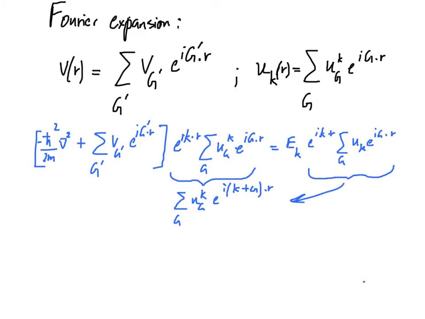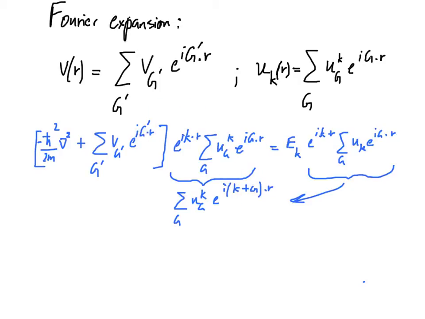Next we take this stuff that's outside our square brackets and take that inside, which essentially means that this quantity over here is going to operate on this, and this quantity is of course going to just multiply that. So you'll have this quantity over here and this quantity over here.